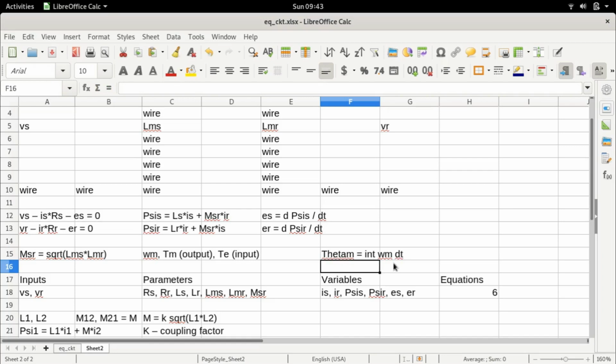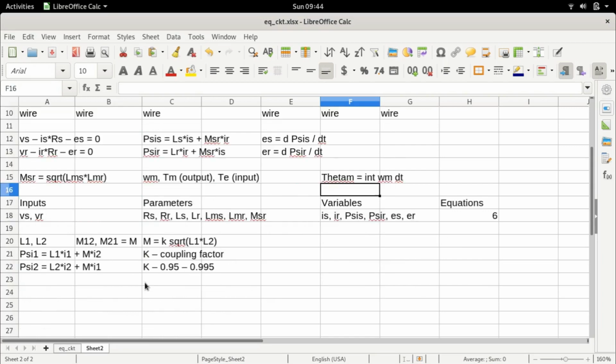So now that we have these equations, how are we going to modify them or even add more variables? The first question we need to ask is, when this rotor rotates, what impact does it have on these equations and on these parameters?